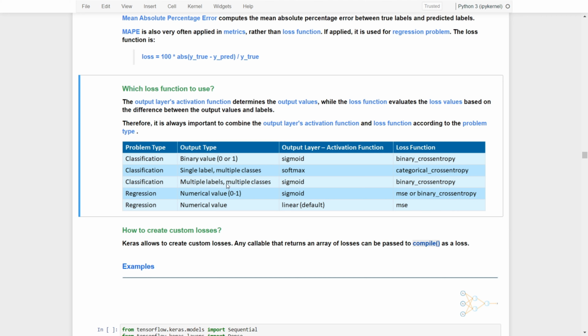In that case, if the output type is a numerical value between 0 and 1, and the output layer has an activation function, there are two choices for the loss function. That could be MSE or binary cross entropy. And for regression, if the value goes beyond 0 to 1, and it is a numerical value, the output layer by default will use the linear activation function. And in that case, we probably will use the MSE loss function.